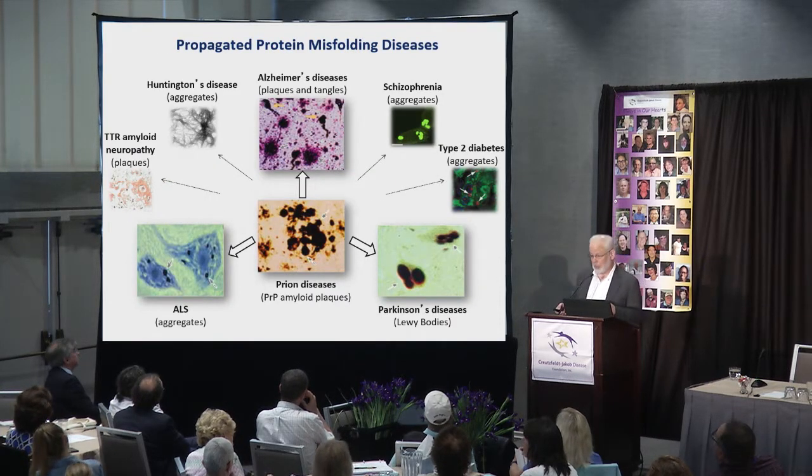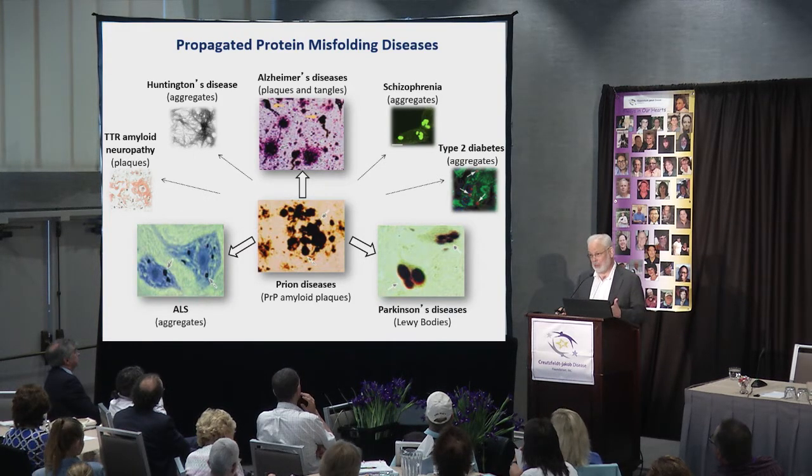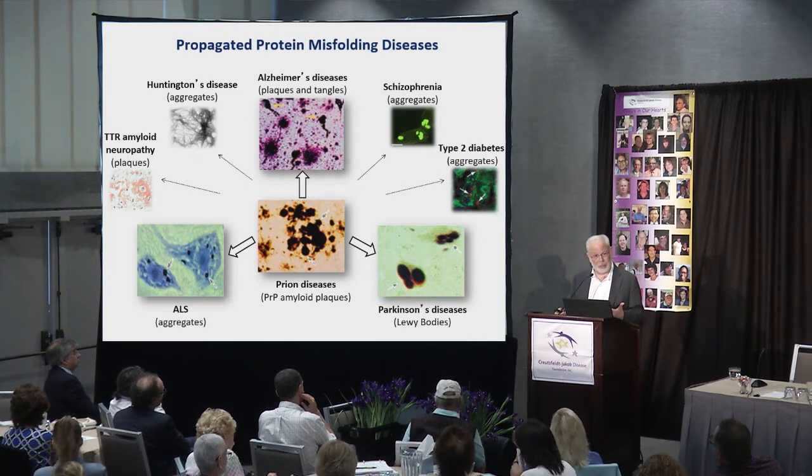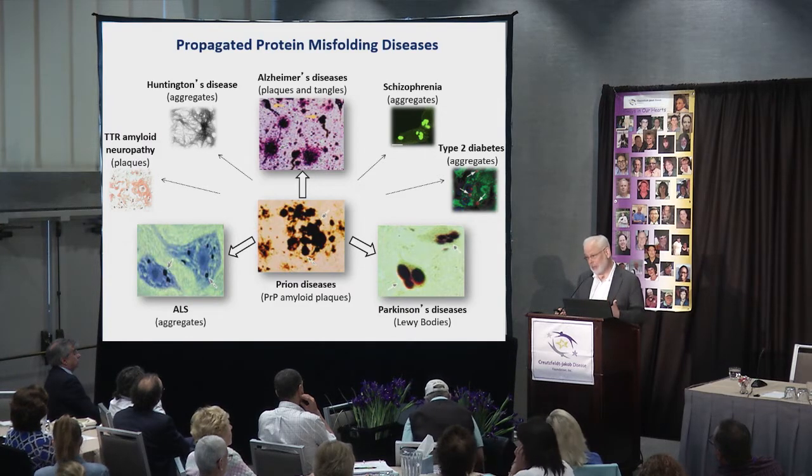So I want to sum up by saying that, as horrible as it is, the prion diseases, including Creutzfeldt-Jakob disease, have provided us with a template for understanding neurodegeneration and for targeting specific components of this amplification pathway that recruits normal protein into a bad, toxic protein.